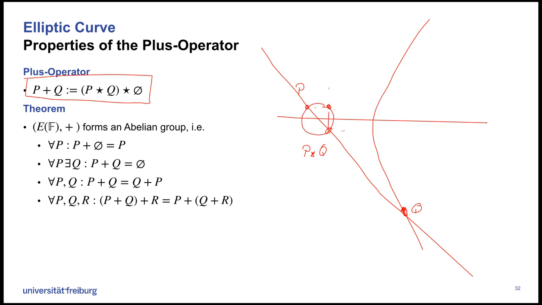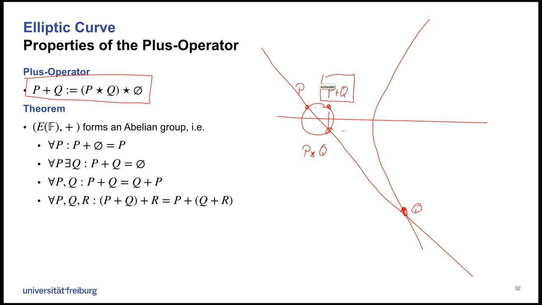So this point here will be P plus Q. That's how we get this. So we have 2 points, we compute where the line intersects with the curve, and then we map it to the other side. So that's P plus Q. That's the definition.